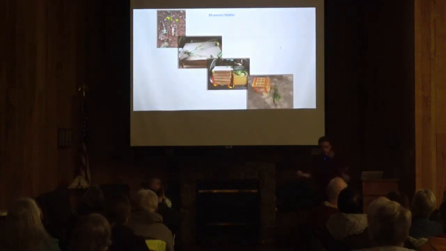So, again, for those not familiar, we go out into the field and we find a plant that looks nice or that we're interested in collecting or something that someone else has told us they'd like us to collect because they're studying it.